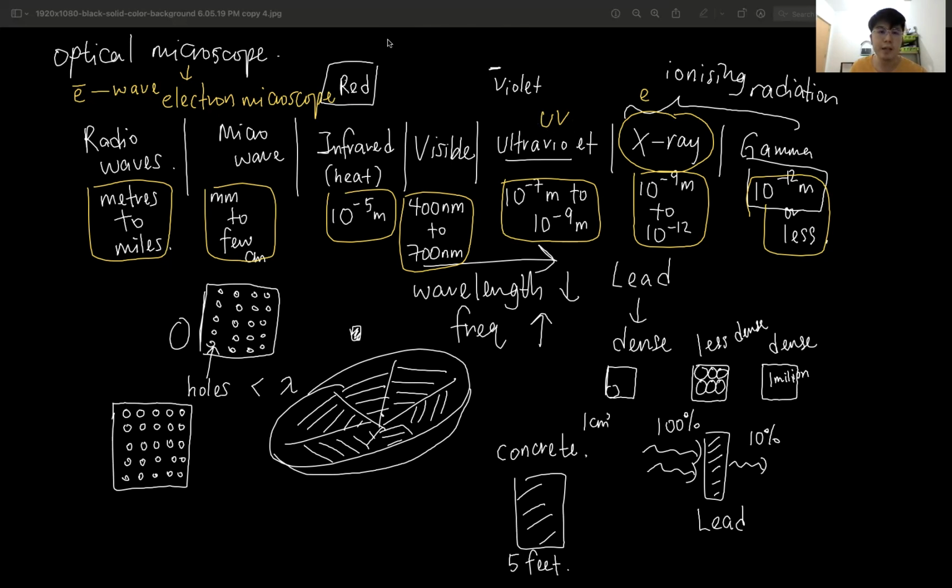You may have seen in the movies, the crime scene. They close the light, and then they shine this black light, and then they can see all this stain glowing in the dark, like blood stain.